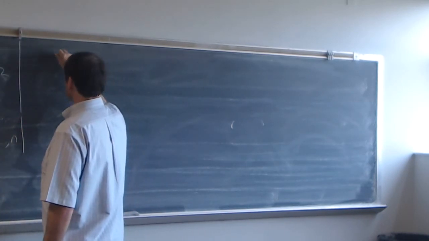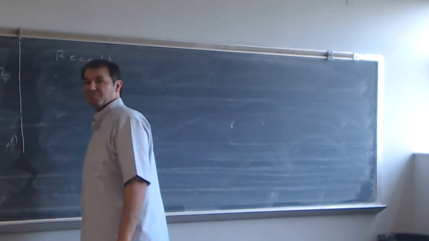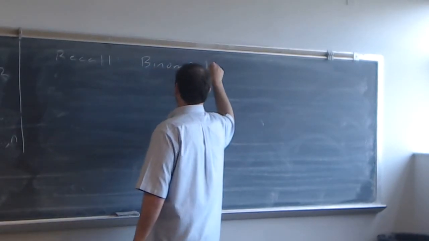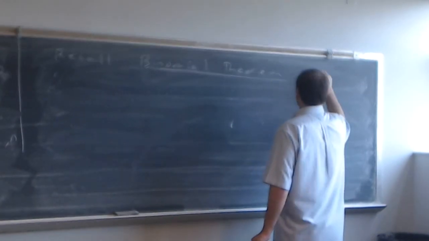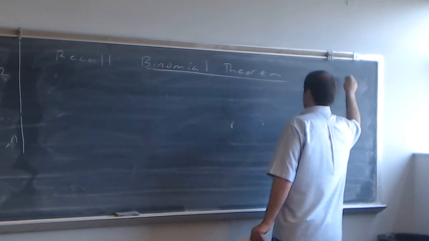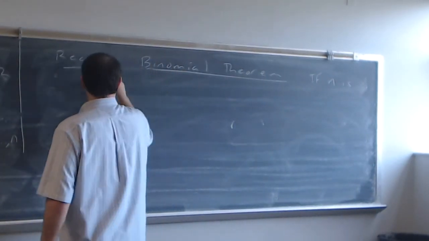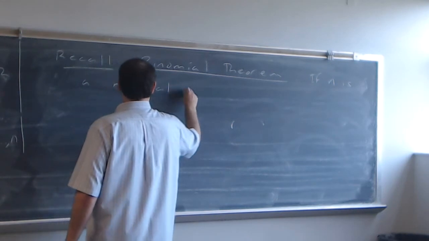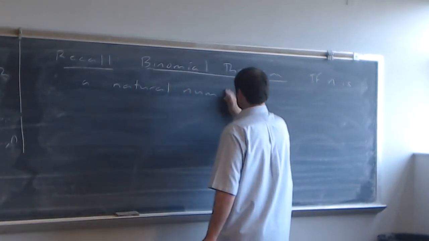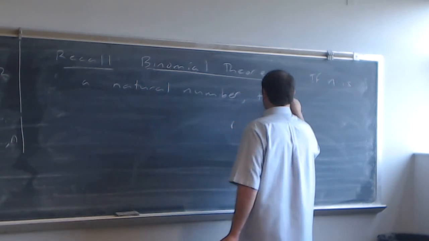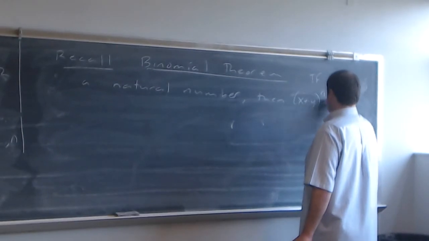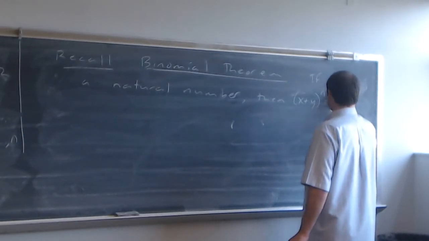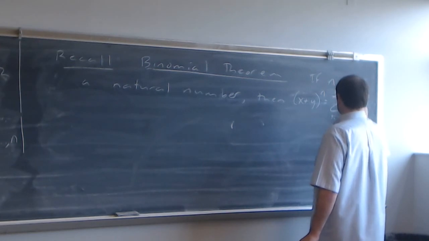Here, let's recall, maybe from your mathematical past, something called the binomial theorem. Here's what it says. It says if n is a natural number, then x plus y to the n is equal to the sum as k runs from 0 to n of n choose k.